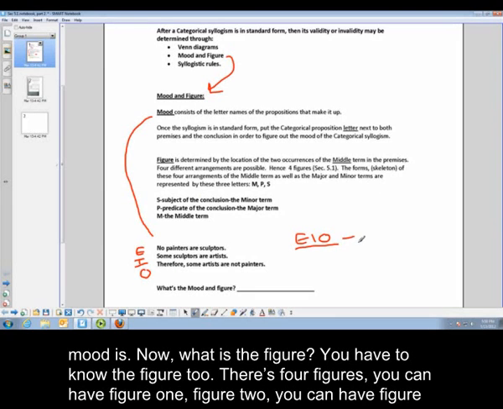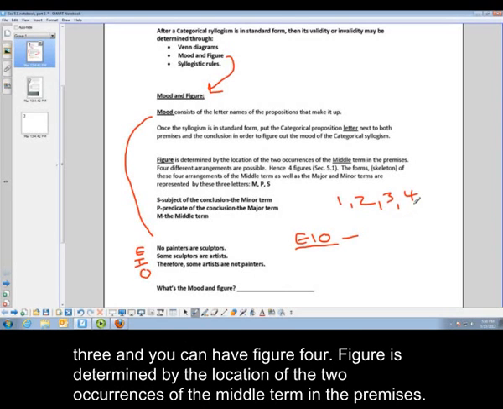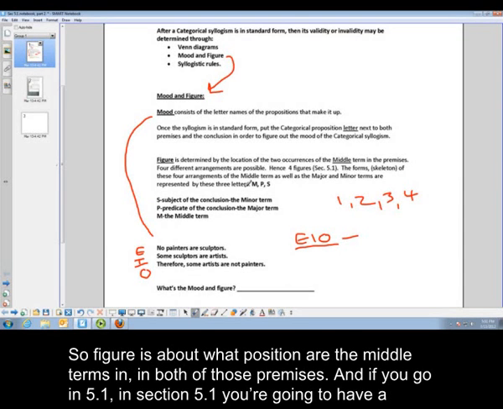Now, what is the figure? Because you got to know the figure too. There's 4 figures. You can have figure 1, figure 2, you can have figure 3, and you can have figure 4. Figure is determined by the location of the 2 occurrences of the middle term in the premises. So figure is about what position the middle terms are in, in both of those premises.